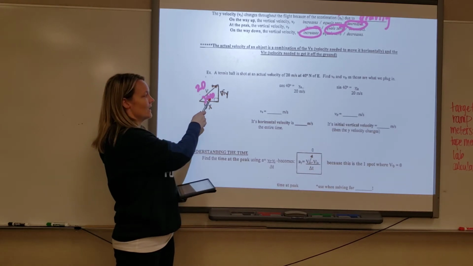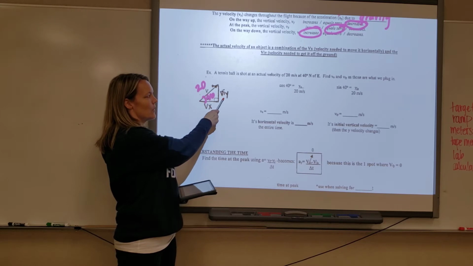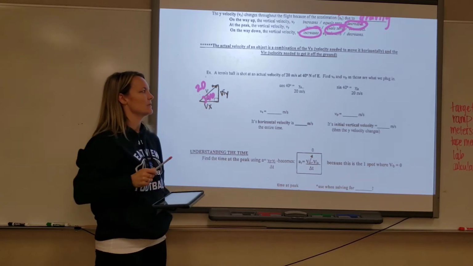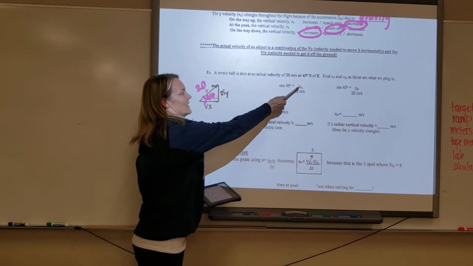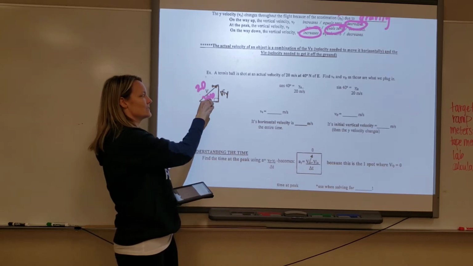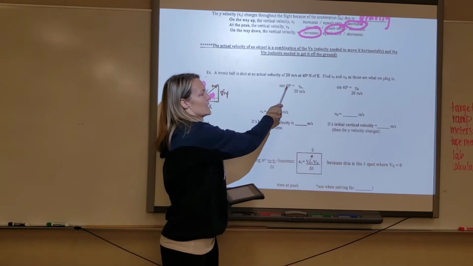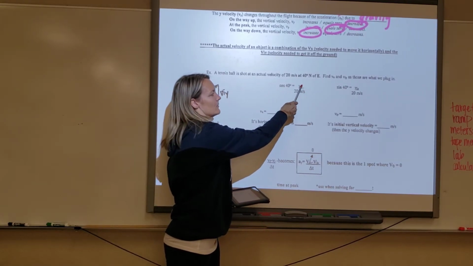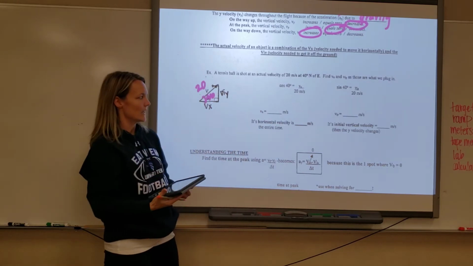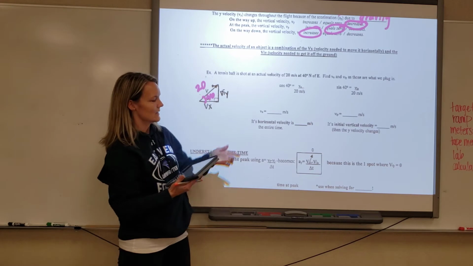If I have an angle and I have a hypotenuse, the opposite function gets me Viy, the adjacent function gets me Vx. So in order to find Vx, I would take the cosine of 40 degrees is equal to Vx over 20. To get the 20 off the bottom, you have to multiply it to the other side.